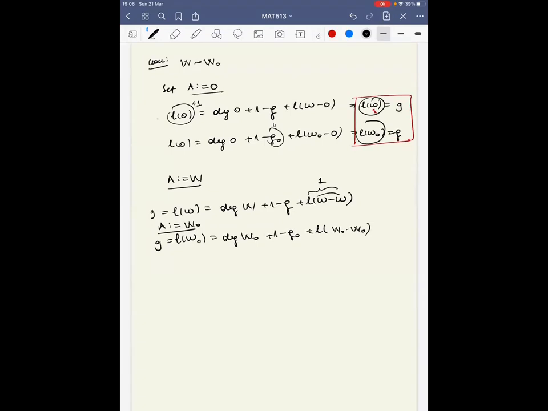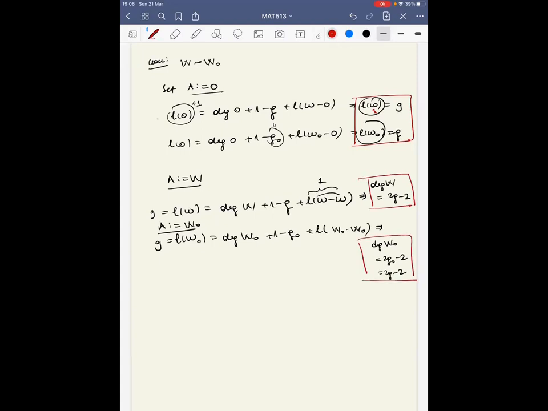And from these two equalities, indeed, we see that the degree of W is equal to 2G minus 2, and the degree of W0 is equal to 2G0 minus 2. So we can also see that they have the same degree.